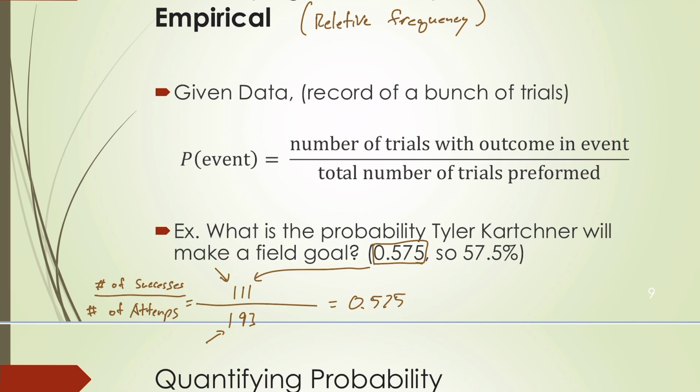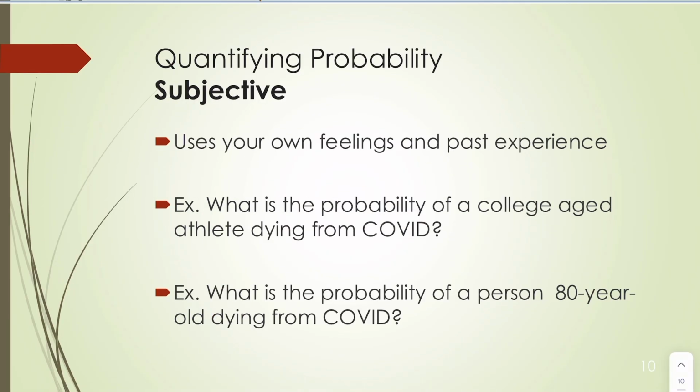Okay, there's also subjective probability, which basically just uses your own feelings and past experiences. You just kind of reflect on it, and it's very accessible, right? Because you don't need anything to do this, but it's the least accurate and the least principled way of coming up with a probability.